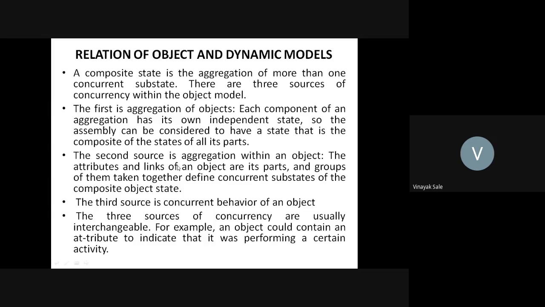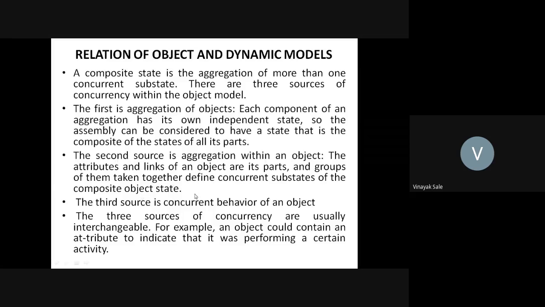The second source is aggregation within the object. The attributes and links of an object are its parts, and groups of them taken together define the substates of the composite object state.